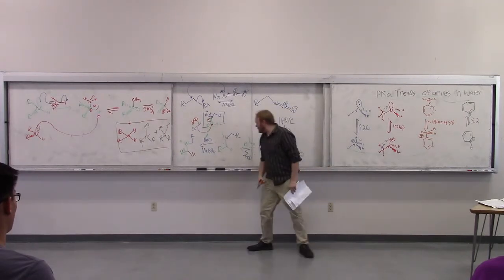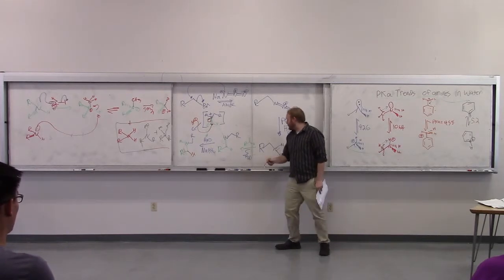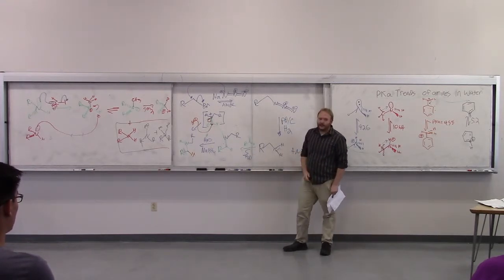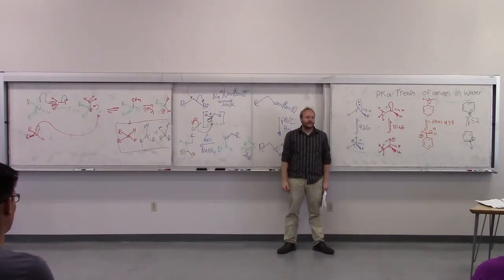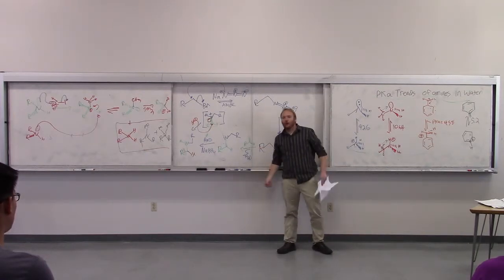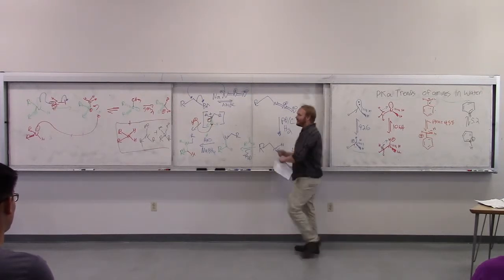Quick trivia question. So, could you do this chemistry with a secondary amine? So if I had a secondary amine and an aldehyde, could I alkylate it? Yes. Absolutely. Would you need acid? So with a secondary amine, right?